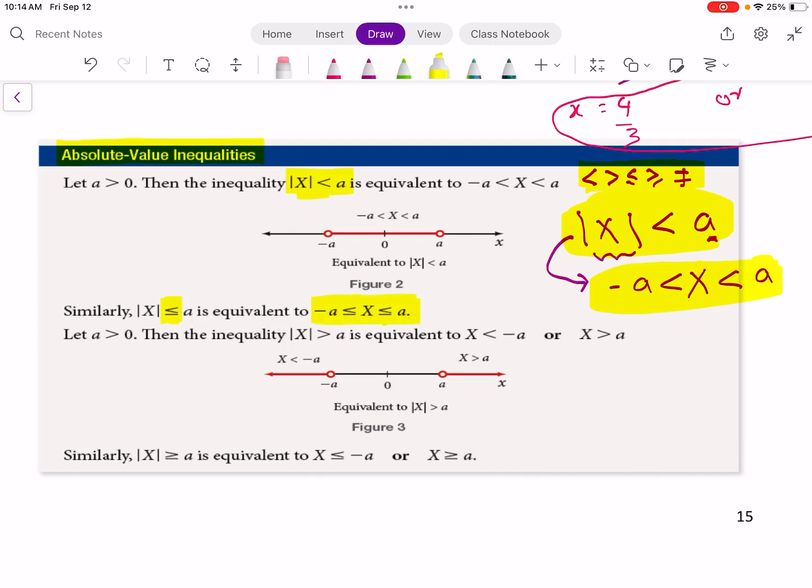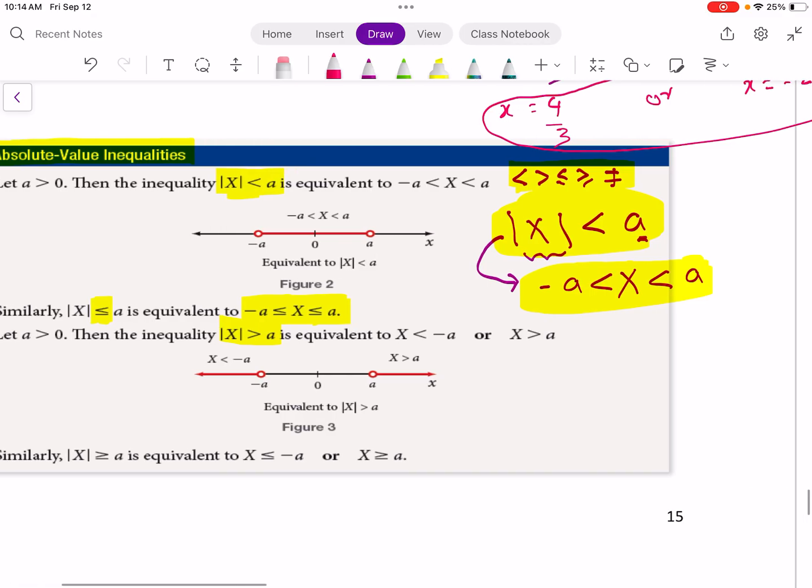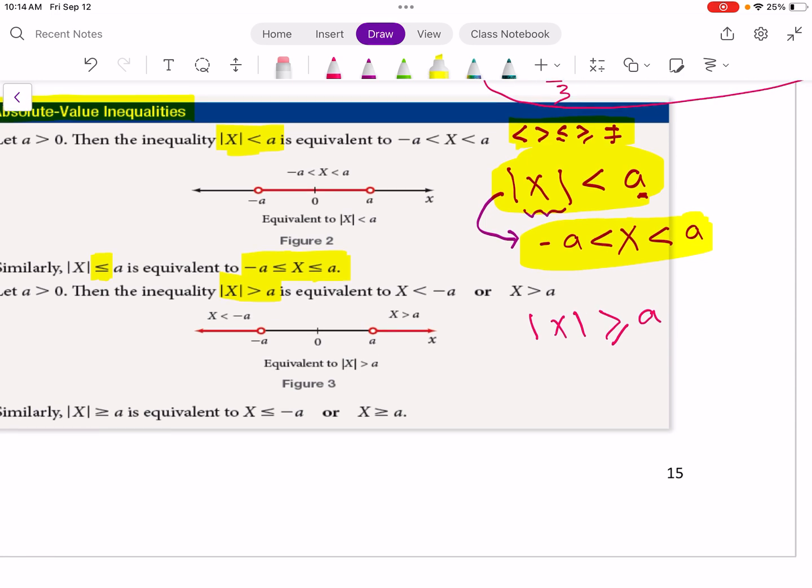Now the next, if we have greater than, so if our absolute value inequality has a greater than sign, so if we have absolute value of x greater than some positive number, or you can have equals to, it's going to be the same. If this is the case, then by our definition, we have to rewrite this absolute value inequality as a linear inequality.